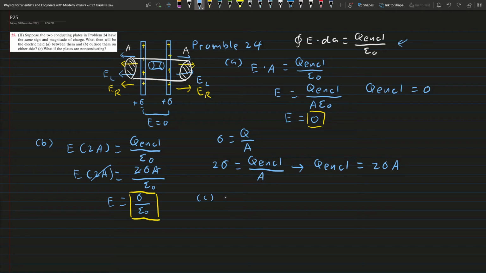For the non-conducting plate, it basically will produce the same thing.